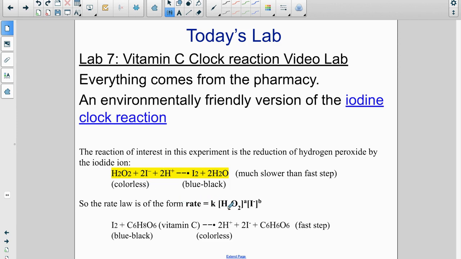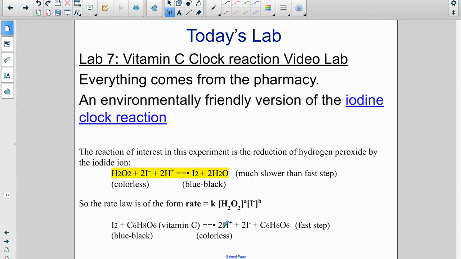So the rate law is of this form right here. And how the reaction works, the peroxide and the iodide react to form the I2, the iodine, which is a blue-black color. And we add vitamin C to the reaction to consume the iodine that's formed and turn it back into iodide, colorless.